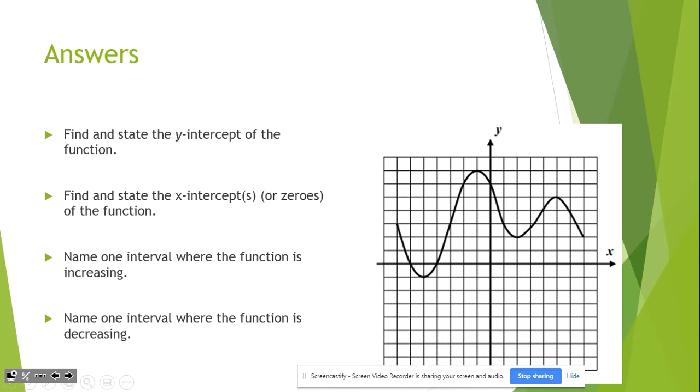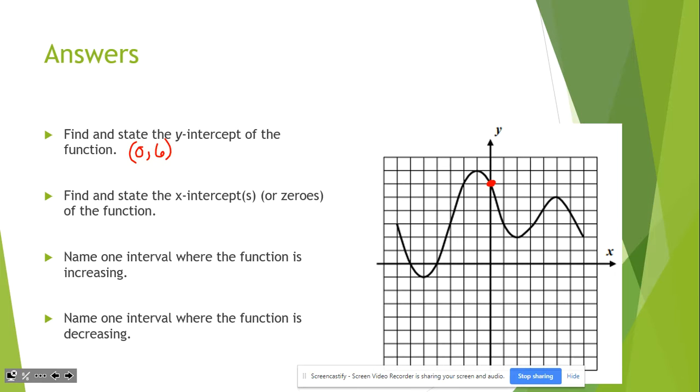So, the y-intercept is where the graph crosses the y-axis. That is right at this point right here. Remember, the y-intercept is a point, so I do need to give it coordinates. And the coordinates of the y-intercept in this case are going to be the point (0, 6).